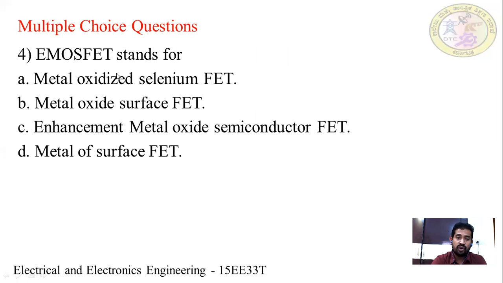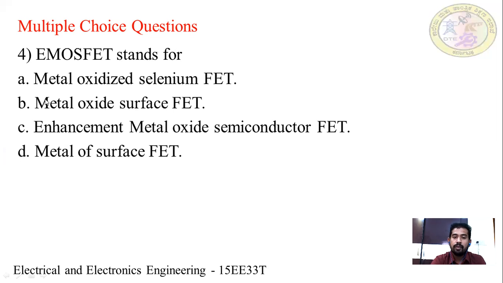E-MOSFET stands for, and the options given are: option A, metal oxide selenium FET; option B, metal oxide surface FET; option C, enhancement metal oxide semiconductor FET; option D, metal surface FET.